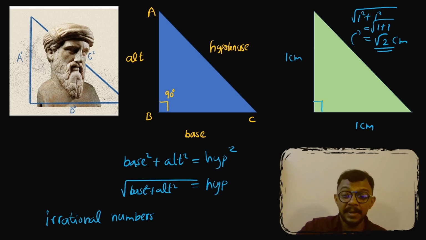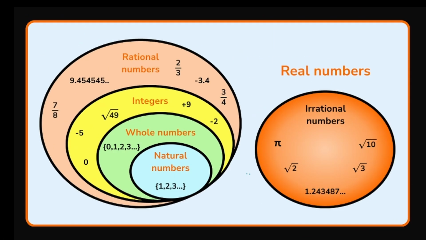So what just happened? Initially there were only natural numbers. Then we added 0 to natural numbers and got whole numbers. Then we added negative natural numbers, minus 1, minus 2, minus 3, and got integers. Then we added fractions to that and got rational numbers.